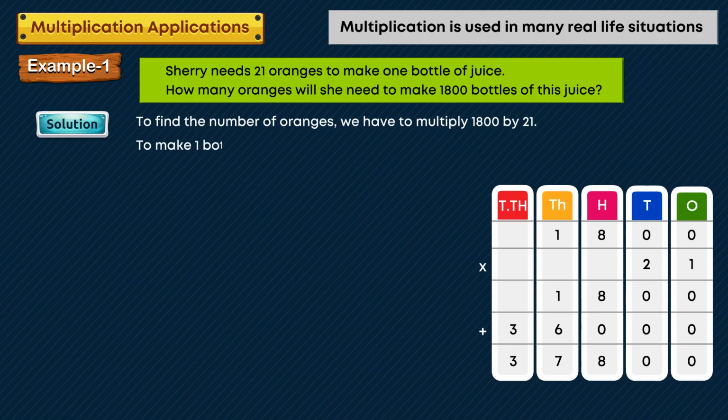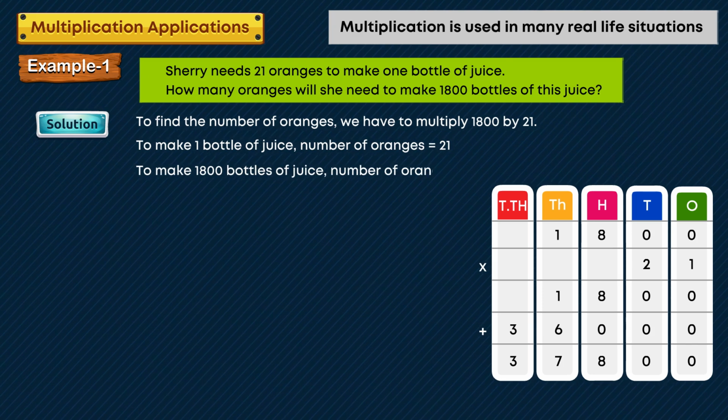To make 1 bottle of juice, number of oranges is equal to 21. To make 1,800 bottles of juice, number of oranges is equal to 1,800 into 21.